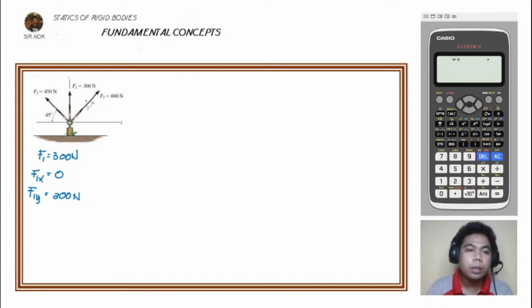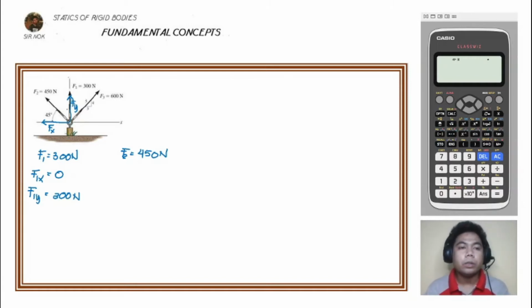So next is F2. Now F2 is 450 newtons, 45 degrees above the negative x-axis. So the x component is to the left and the y component is upward. So it is at quadrant 2, so the x component is negative and the y component is positive.